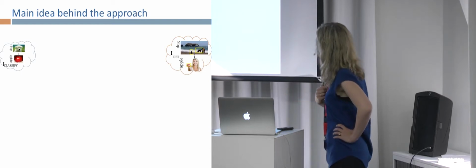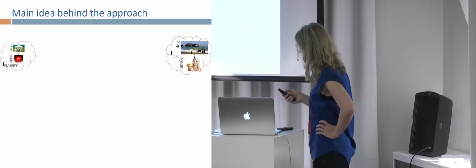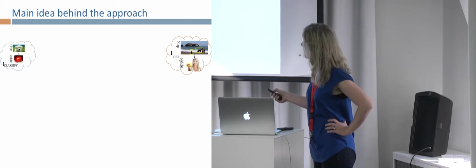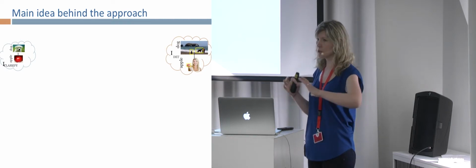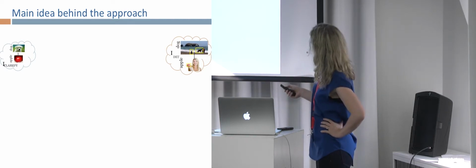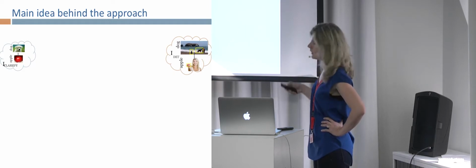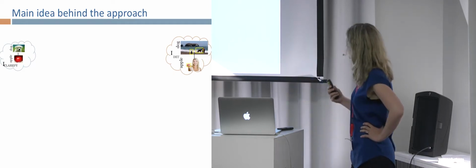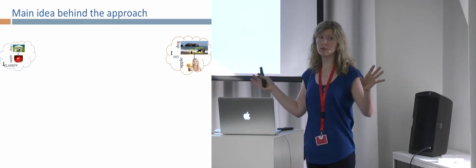So what we want to do now is something different. Let's assume that we have some classification data like this, where we have an image with a tag. And then we also have some data like this, where we have images with bounding boxes for some of the objects. So let's say for apple and dog, we have both kinds of data.